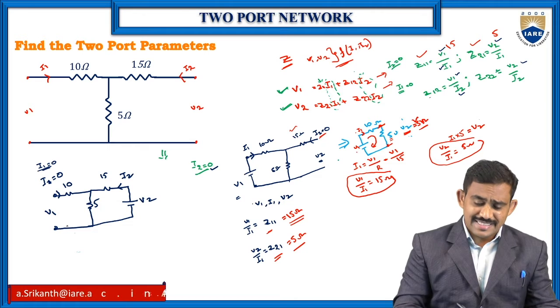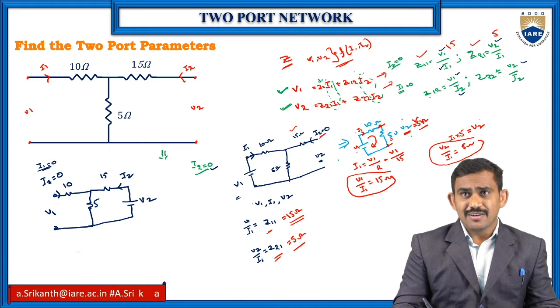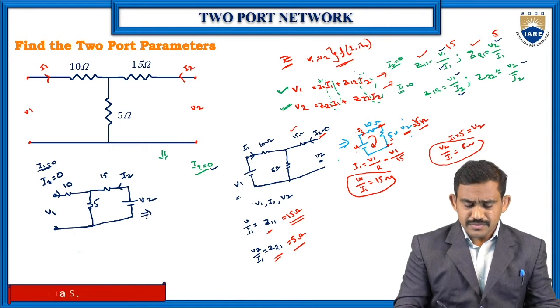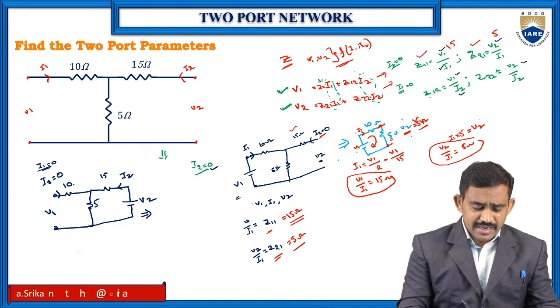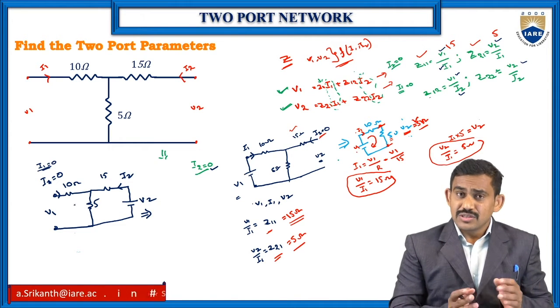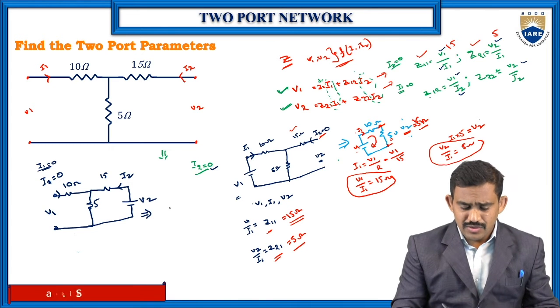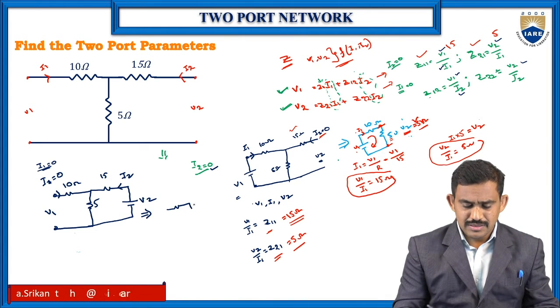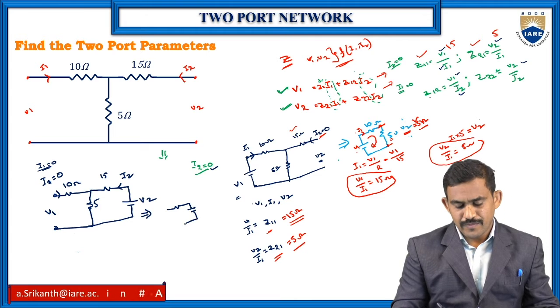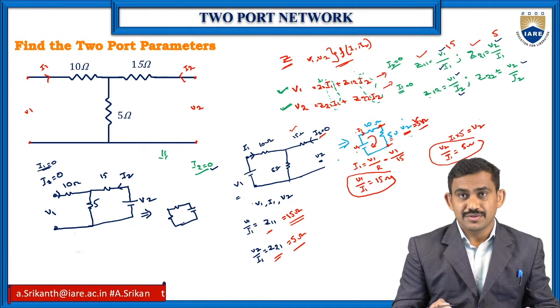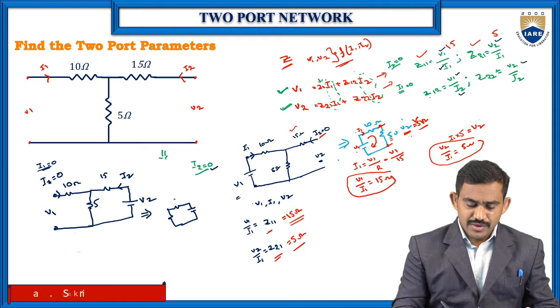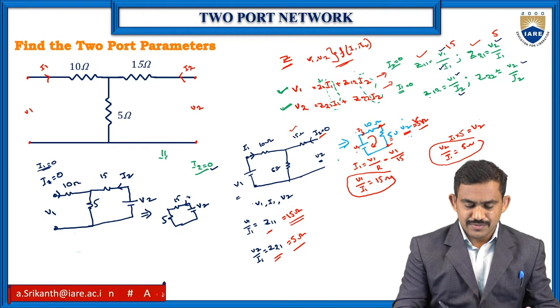First I will go for the Z22 value. Again, the same method we will do again. So what about the 10 ohms here now? When I1 is 0, the 10 ohms current is 0, so no need to worry about it. Your circuit is only a single loop circuit: 15 ohms, 5 ohms, V2 and I2.